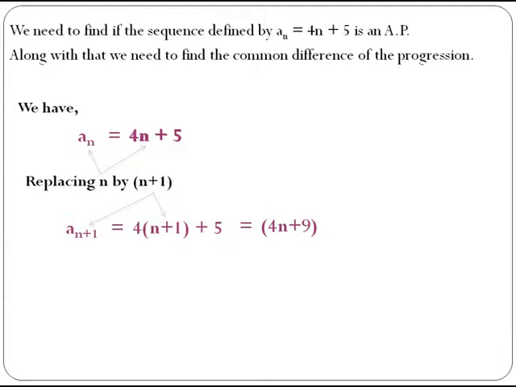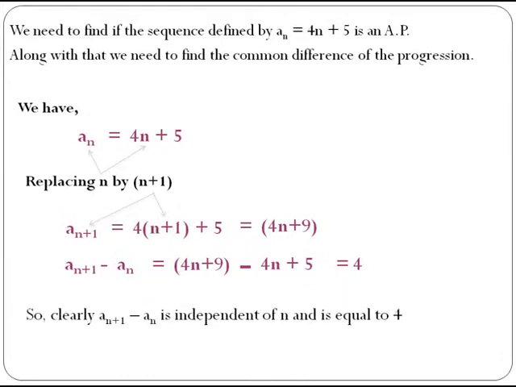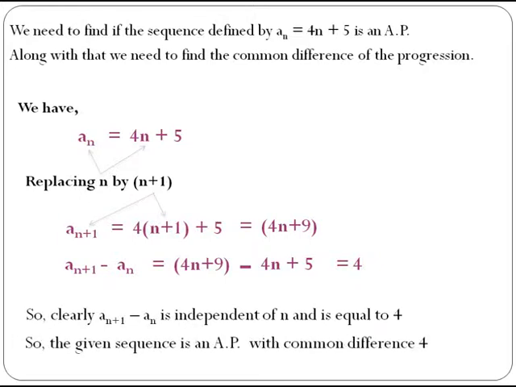That is equal to 4n plus 9. Let us now take the difference. So a(n plus 1) minus an is equal to (4n plus 9) minus (4n plus 5). That gives you 4. Now 4 is independent of n. So the given sequence is an arithmetic progression with a common difference of 4.